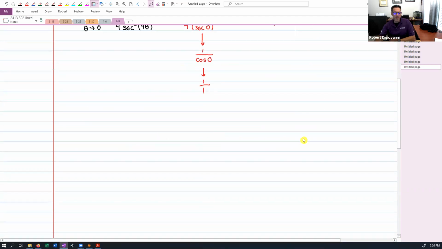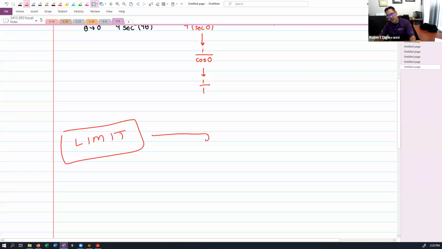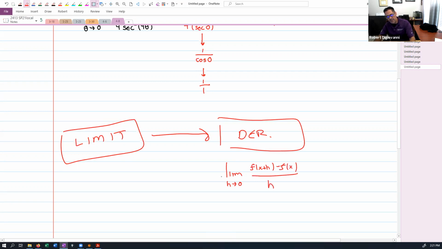Because if you think back at the way this course has progressed, we started this whole class with the idea of the limit. And then from that, we built the definition of the derivative, right? What we said is that the derivative is just the limit as h goes to 0 of f of x plus h minus f of x all over h. That's what the derivative of a function meant at some value x.